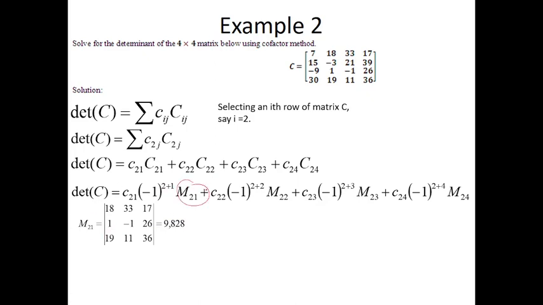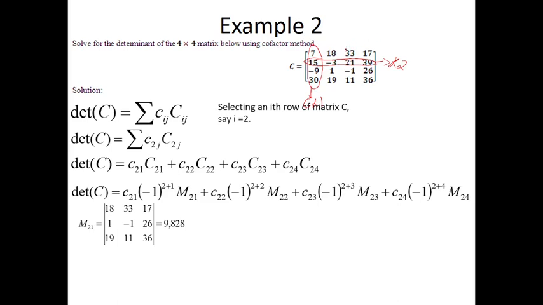Again, in my previous discussion, we consider the second row, this is row 2 and column 1. So we erase row 2 and column 1.